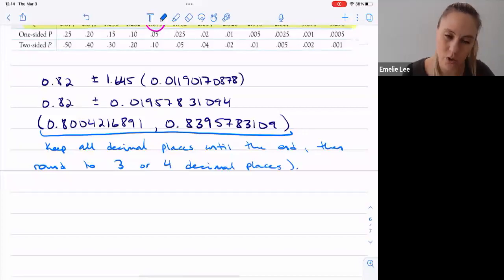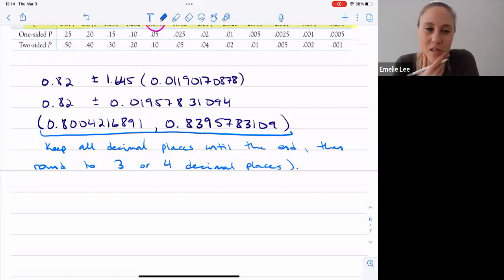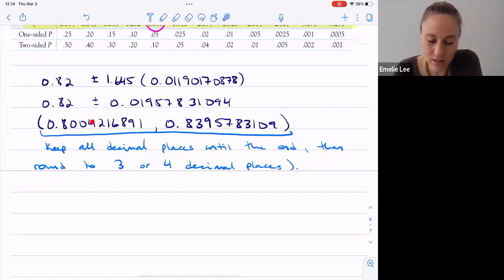The questions usually tell you how many decimal places to round to. And so that's why I'm saying 3 or 4, use your judgment, right? For example, here, if I wanted to capture this 4, then I would round to 4 decimal places, but I should round to 4 decimal places in both cases, right?